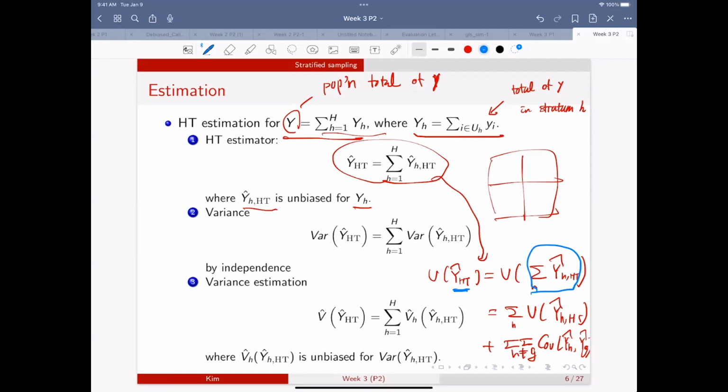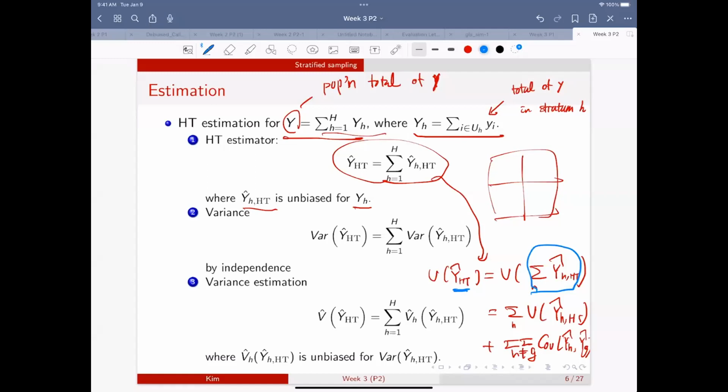And then how do we compute the variance of this? Well, it is linear, so the variance of the summation is the summation of the variances, plus a double summation of the covariances over two different strata, H and G.